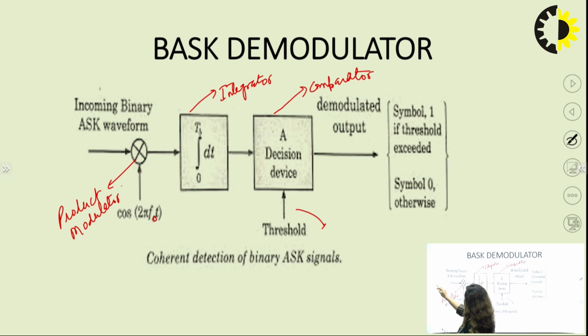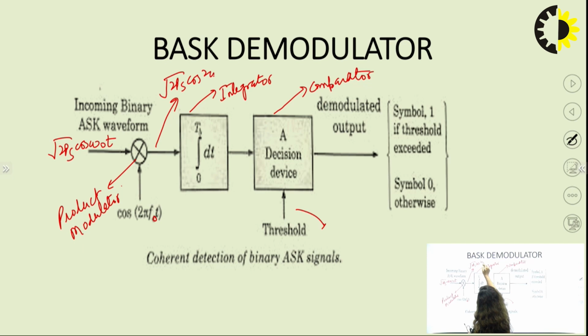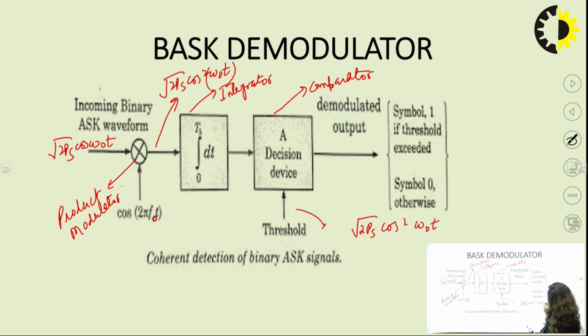So the ASK input signal, which is root 2PS cos omega naught t, is multiplied with cos omega naught t again. So at this point we get root 2PS cos square omega naught t, which we can break into root 2PS times (1 by 2 plus cos 2 omega naught t by 2).